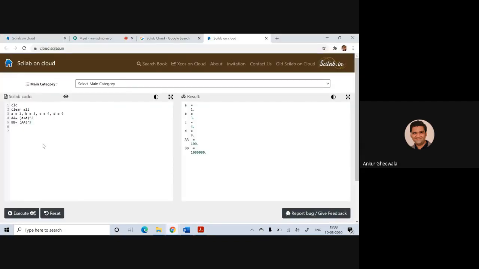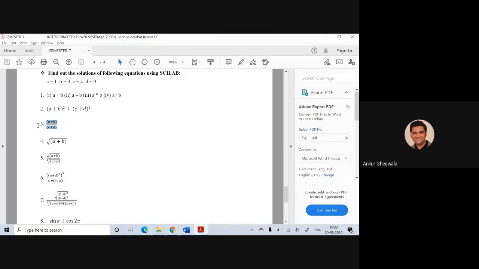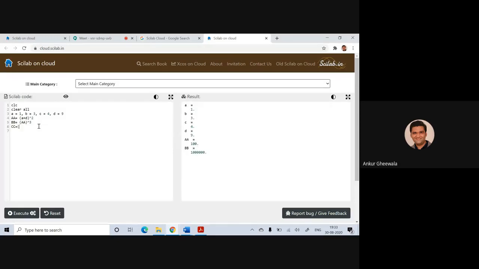So I am taking here cc, which is directly the multiplication of 4 multiply 3.142 multiply b, c plus b, c plus b.